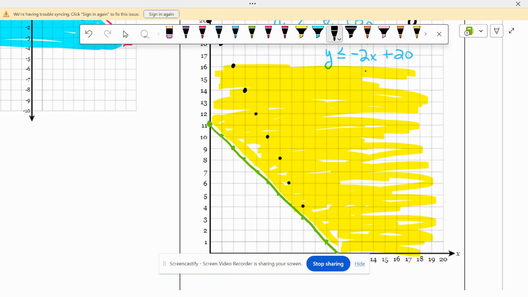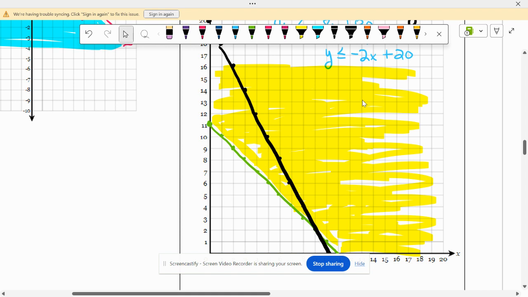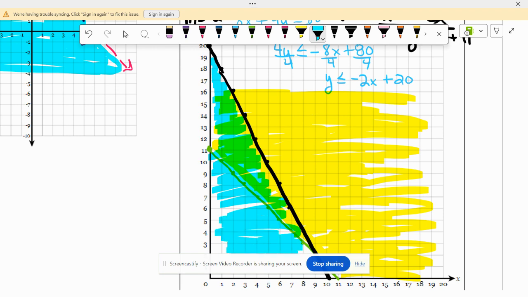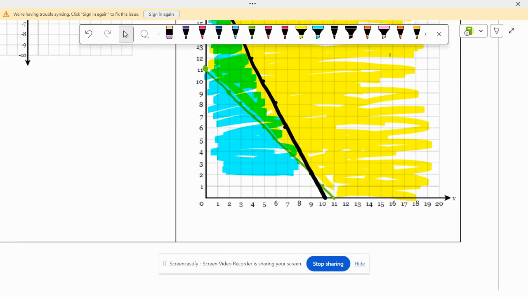But this one is a less than or equal to. That means that I need to shade below my line. So the possible combinations of tacos and hamburgers that I can buy are this area in green.